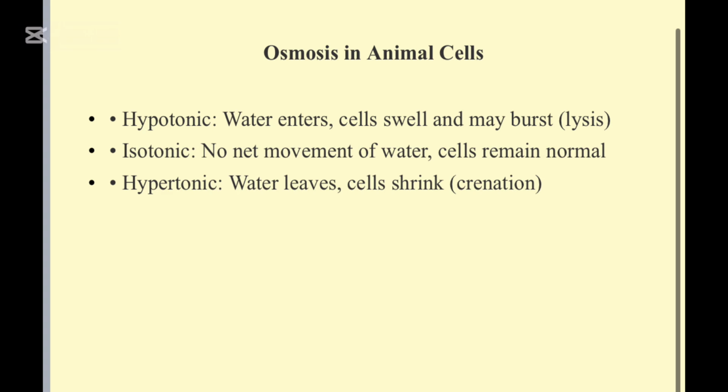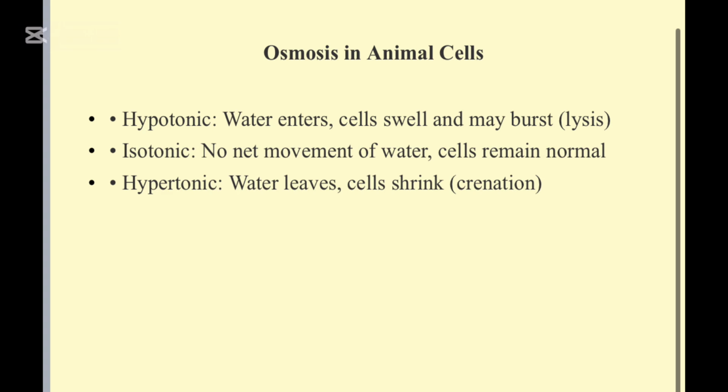Meaning, in this case, water is going to move from a region of higher concentration towards lower concentration. Since the animal cell is placed in a hypotonic solution, it simply means that the solution has a low amount of solutes. Hence, water will leave the solution and enter into the cell. And when water enters the cell, it will swell and also burst.